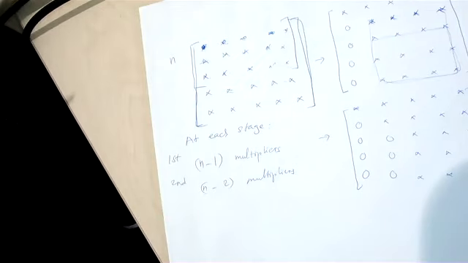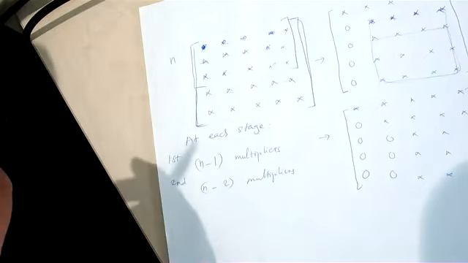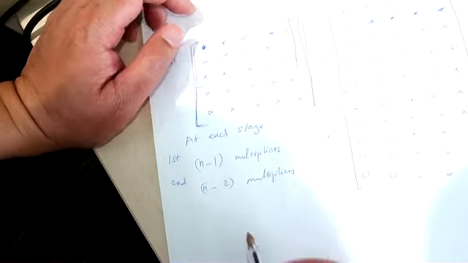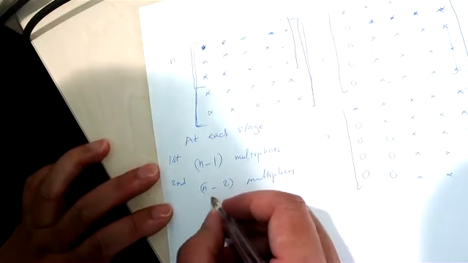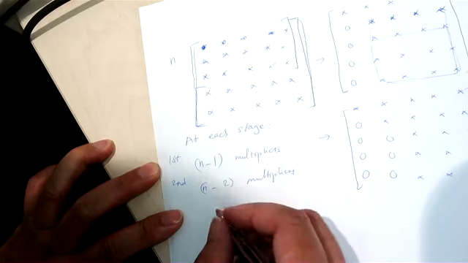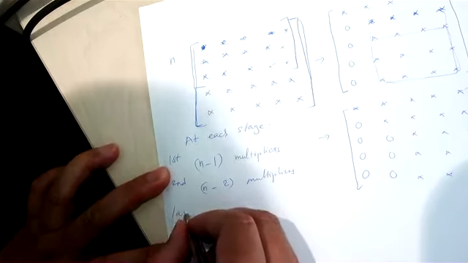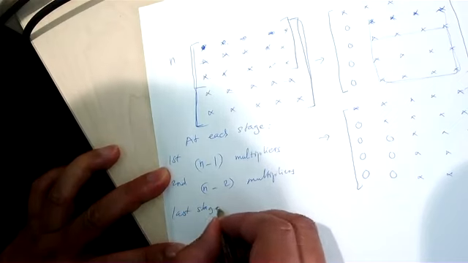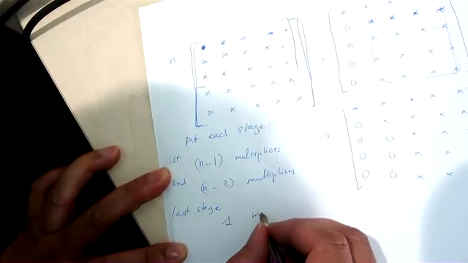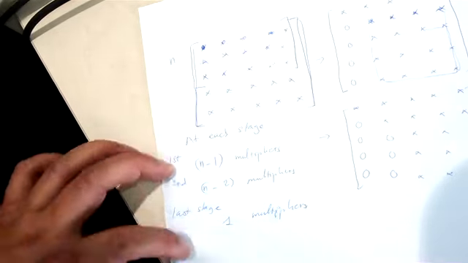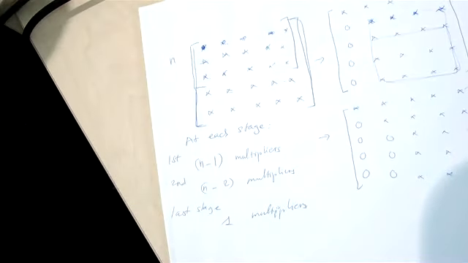And then suppose you just go further and further, eventually at the last stage you have only 1 multiplier. So every stage you need to compute the multipliers before you can do the row operation.